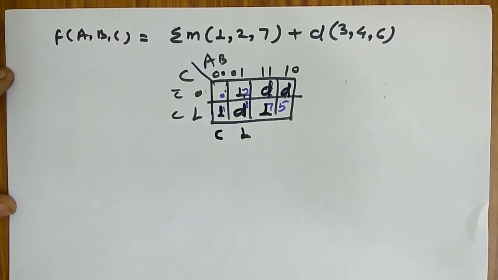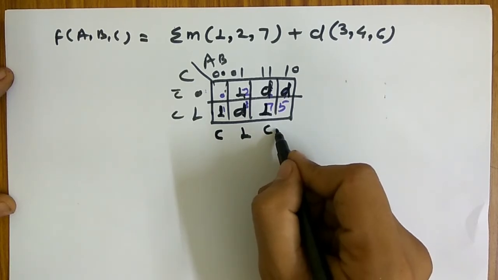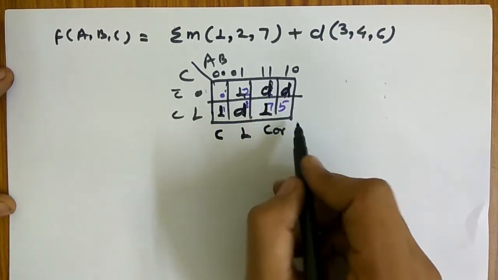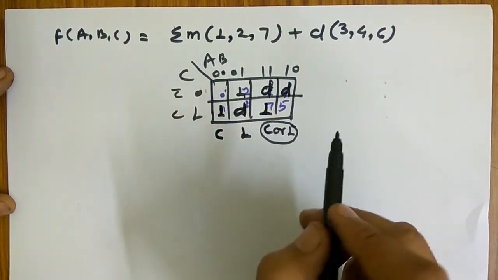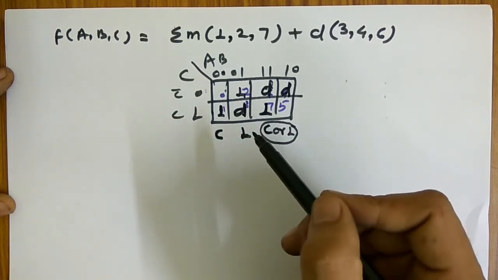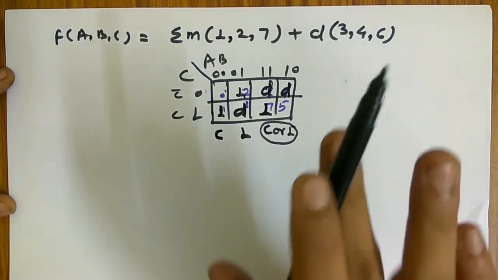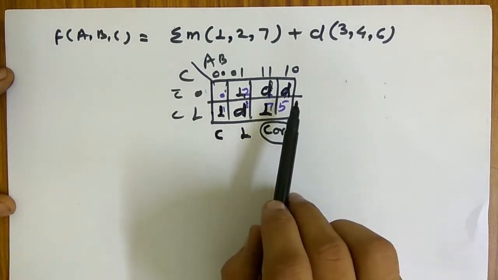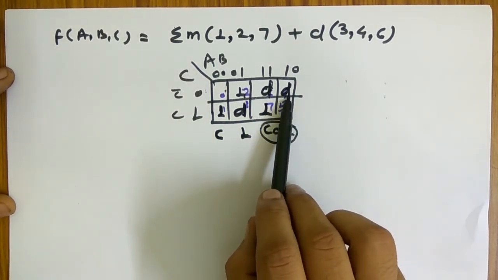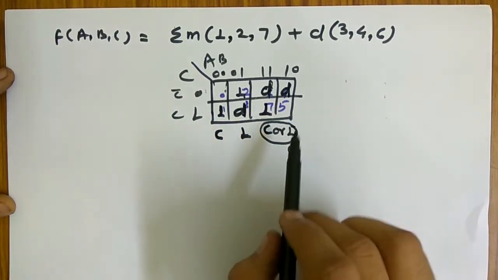And here if we are using don't care as 0, then this will be C, or if we are using don't care as 1, this will be 1. So here you can use both, 0 or 1, nothing will create a problem. But here if we are using d as 0, then this will be 0. If we are using d as 1, this will be C bar.